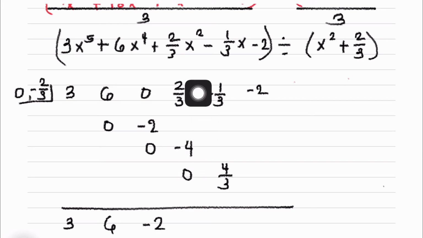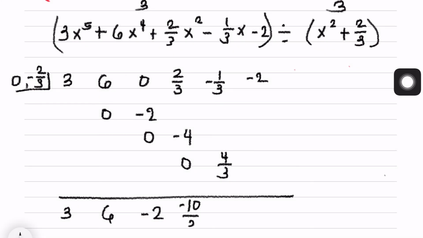Negative 12 plus 2 is negative 10 over 3. Now, negative 10 over 3 times 0 is 0. Negative 10 over 3 times negative 2 over 3 is positive 20 over 9. Paano nangyari? Negative 10 times negative 2 is positive 20. 3 times 3 is positive 9.